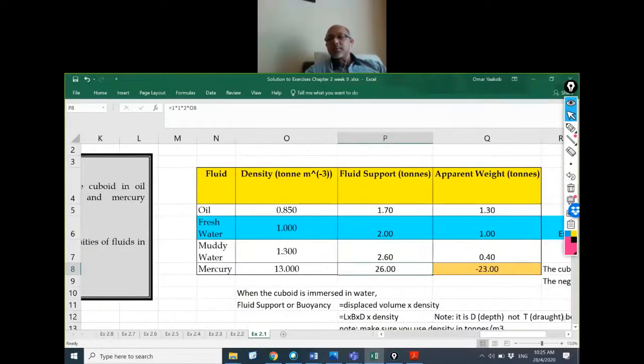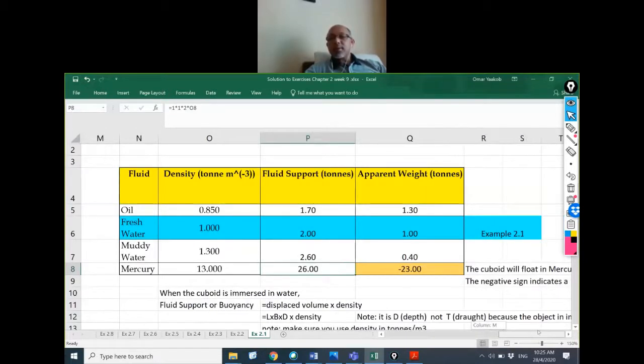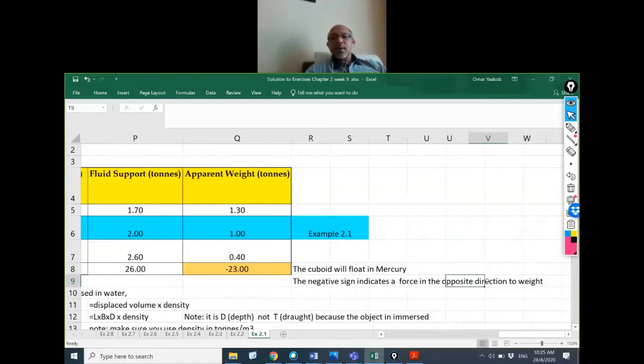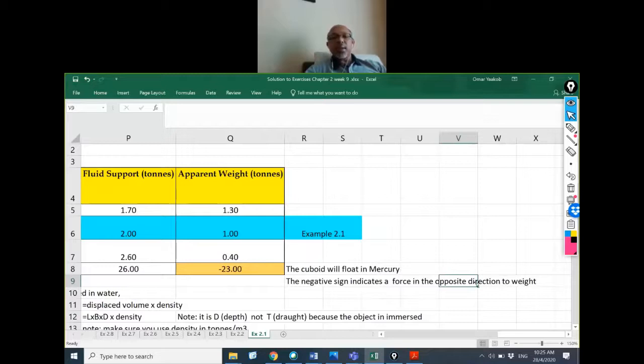Yeah, because it will have negative sign indicating that it is a force in the opposite direction to weight. Weight, all these are positive weight, that means down. 1.3, 1, 0.4, yeah? But for mercury, it is minus, showing that it is going up.